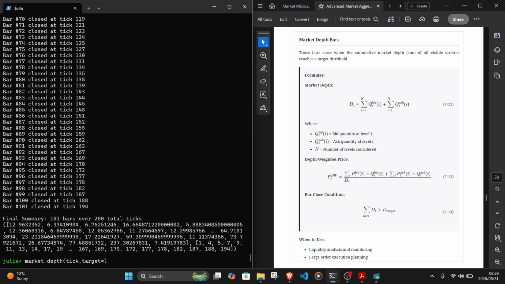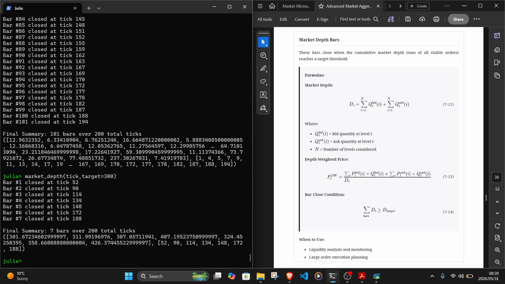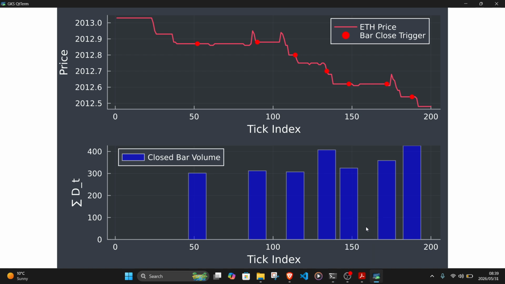Let's go to 300. At 300, about 7 bars met our condition over 200. Let's go look at that. And here is the geometry, right? 1 bar got triggered close to the 50th index, maybe the 51st, 55th index. And another trigger was right in between 50 and 100, so maybe the 80th index.